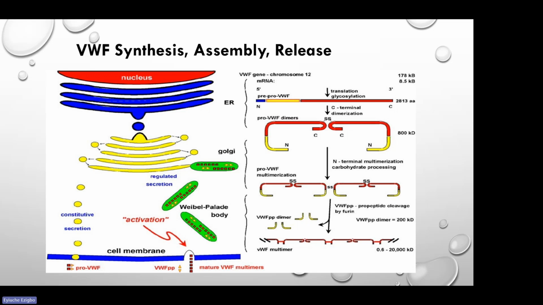At this point, at the Golgi apparatus, we have N-terminal multimerization and carbohydrate processing happening at the Golgi apparatus, leading to the production of multimers of von Willebrand factor.